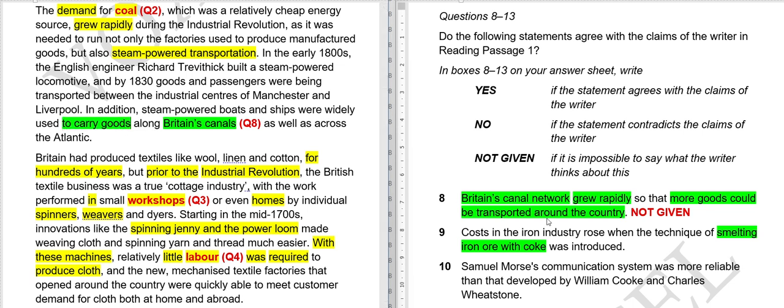Okay, meaning to say for transportation around the country. Obviously, if we are using the entire region's canals, we are transporting around the entire region, around the country, but we have no information if these canals were made, or if these canals grew rapidly or not, or if these canals were made for this sole purpose. Okay, let's see.